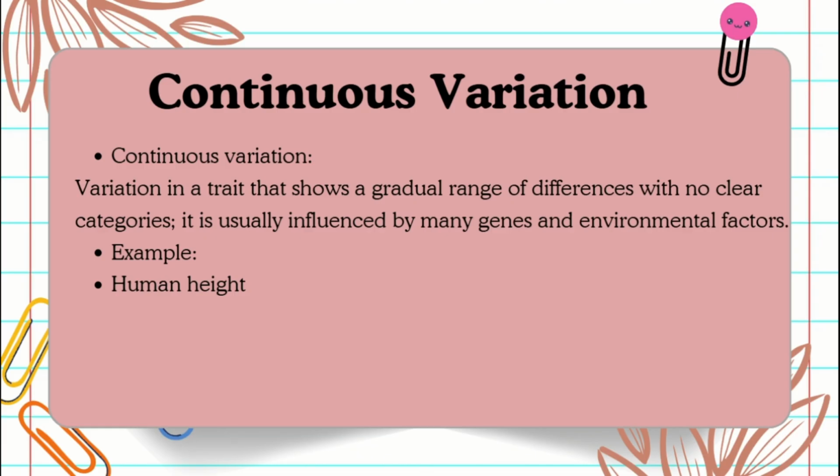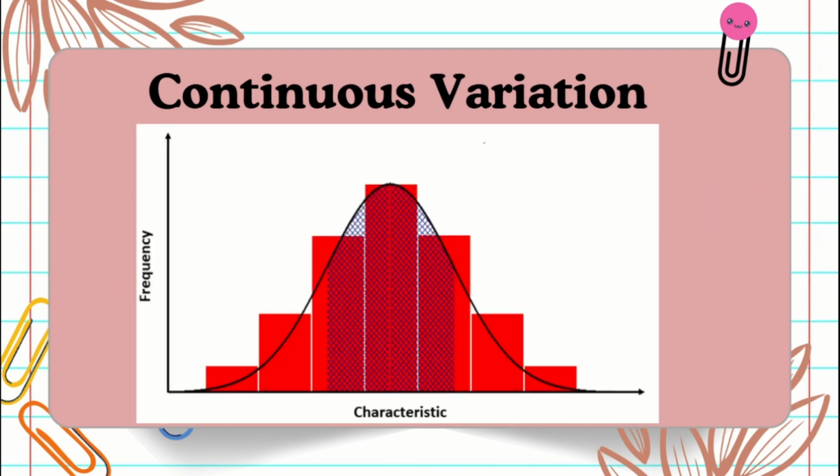Then you have two types of variation. You have continuous and you have discontinuous variation. Continuous variation is one that shows a gradual change in the differences with no clear categories. It is usually influenced by many genes and environmental factors, for example, human height.